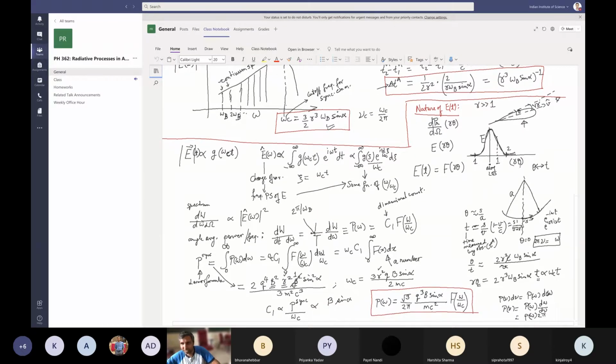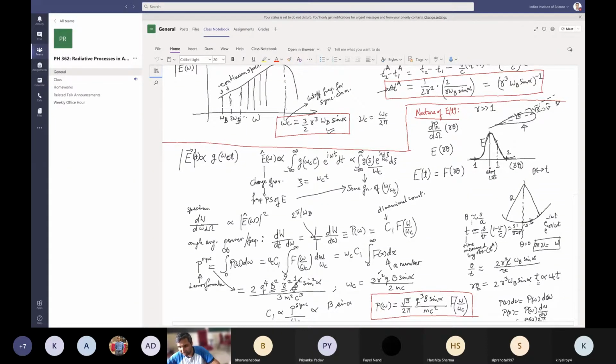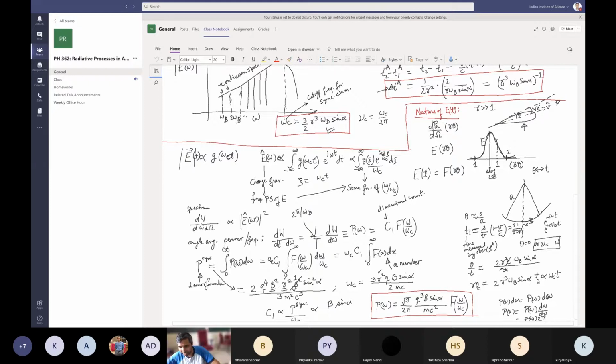So since the electric field is a function of gamma theta, and there is a one-to-one mapping between this angle theta and the time, if this is the part of the orbit, this is angle theta equal to 0, so t equal to 0 corresponds to theta equal to 0. And this is the mapping between theta and t.